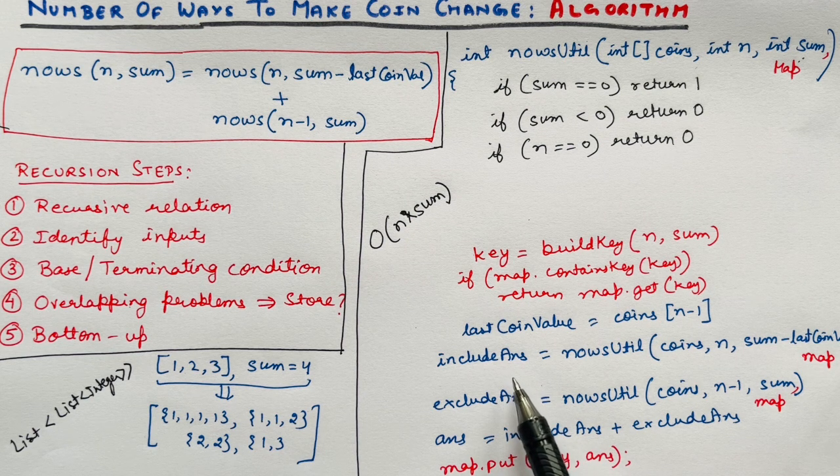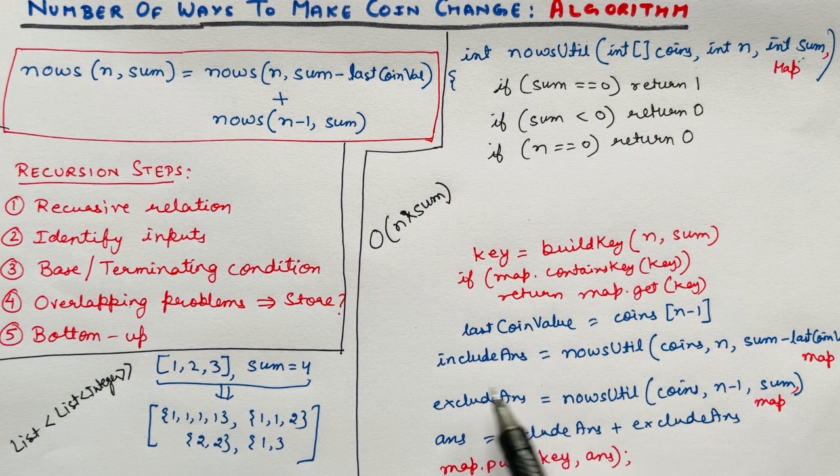While for the include answer, we have formed sum minus last coin value. We just need to include one last coin value. So whatever is the answer that we got from this smaller problem, we will just put the last coin value as well, in all of those ways. And then those will correspond to forming the sum using at least one last coin.